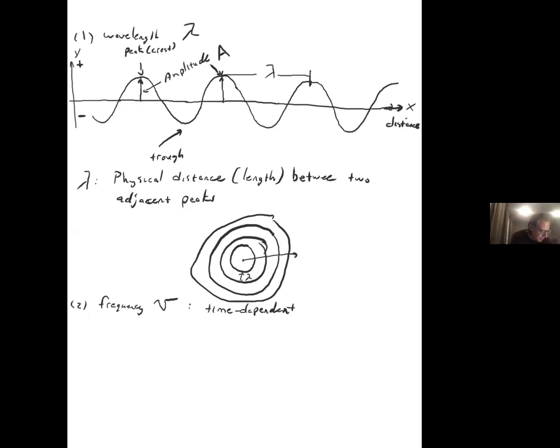So I'm going to say the following. The frequency is equal to the number of peaks per given time. So how many peaks there are in a given time? Typically, it's per second. So it's the number of peaks per second.